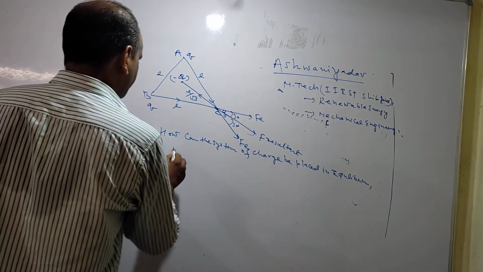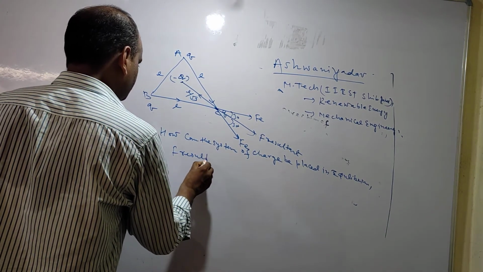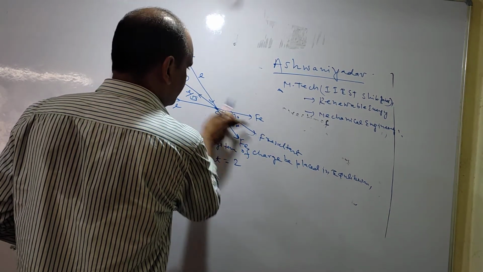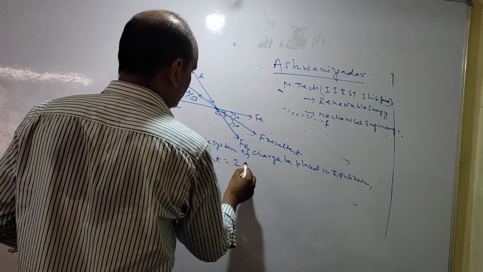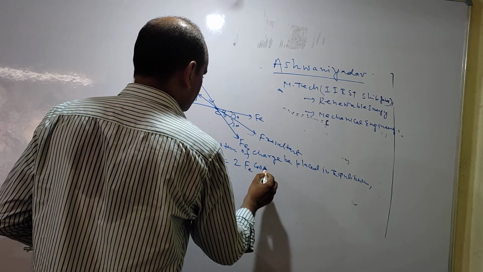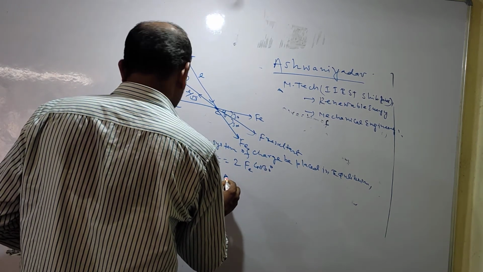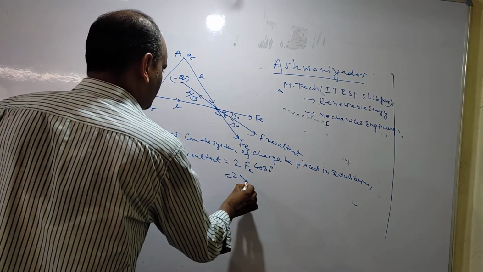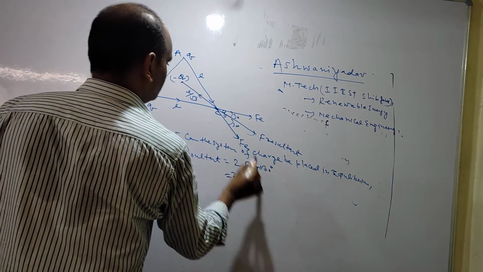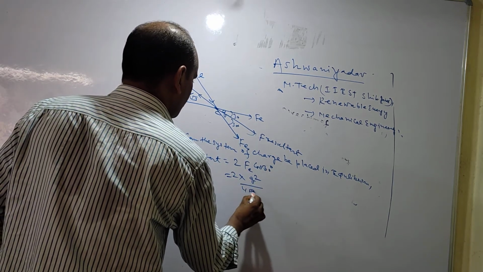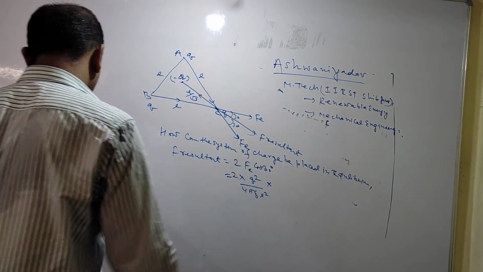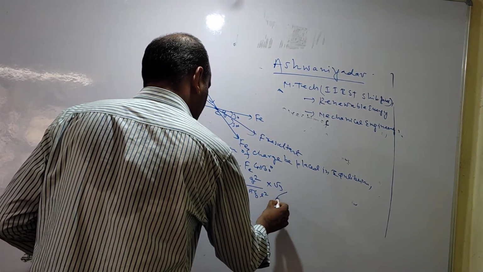So F resultant is nothing but 2F cos theta, one component of this force and one component of that force. Theta is 30 degrees. So 2 into Q square by 4 pi epsilon naught L square, cos 30 is root 3 by 2.